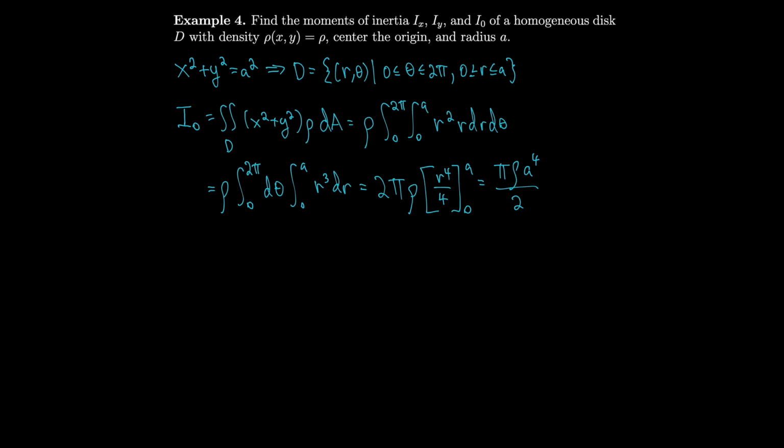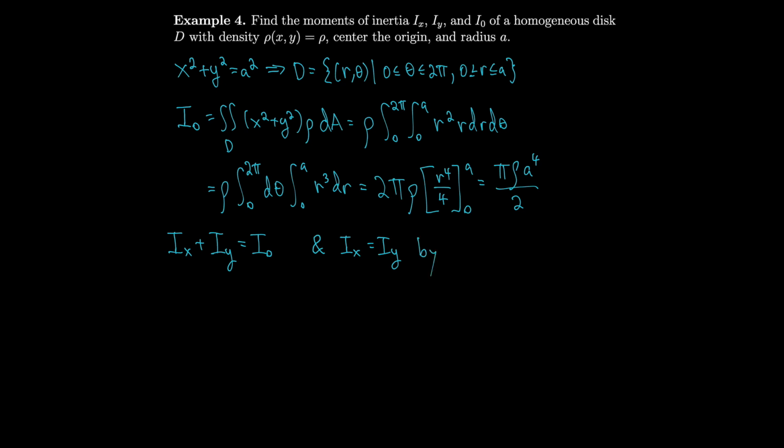And then, like I said, by definition, we have Ix plus Iy equal to I0, but we also have that Ix is equal to Iy because we have a symmetrical lamina and our density function is just constant.